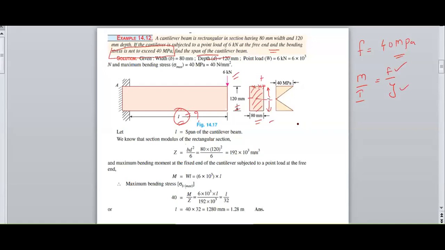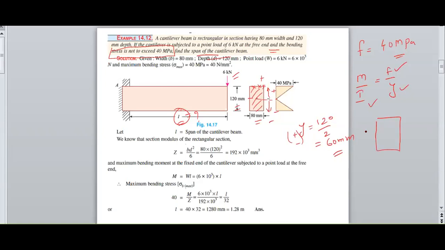So the value is 120 divided by 2, which is 60 mm. So both have the same value, either positive or negative. If I move in the positive direction as well as the negative direction from the neutral axis, it is the same.